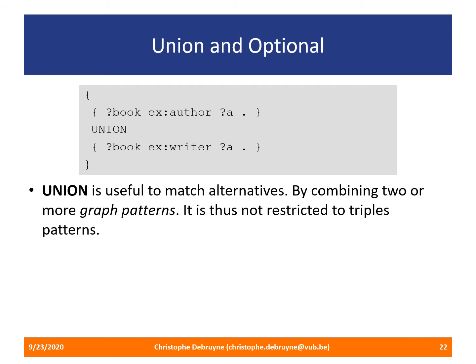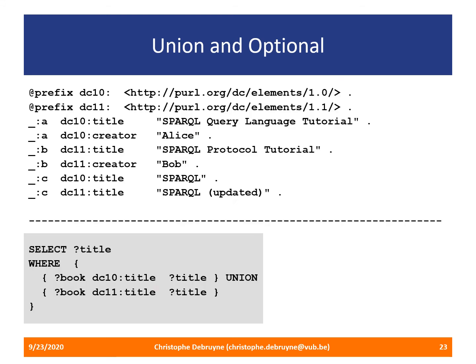So in this particular example, we are combining the results of this graph pattern, which only contains one triple pattern, with the results obtained with this graph pattern. And you can see that in this example, we use the same variable names, but not the same predicate. What happens if we try to fire this? Let's exemplify the union operator.